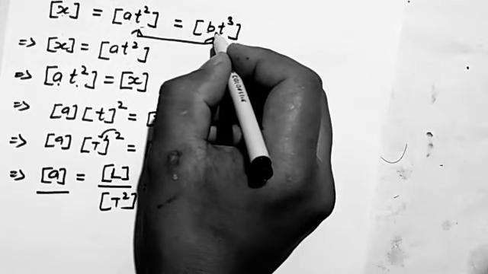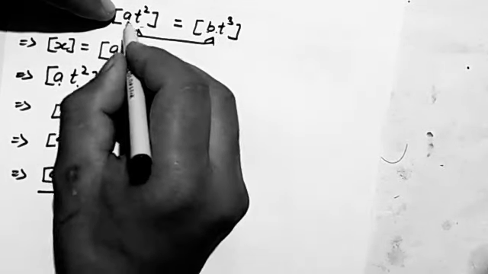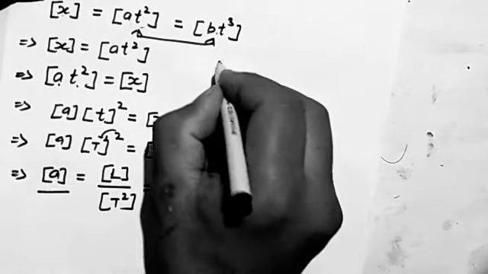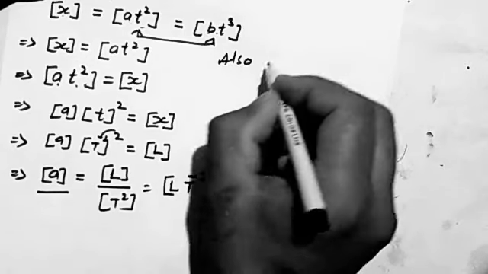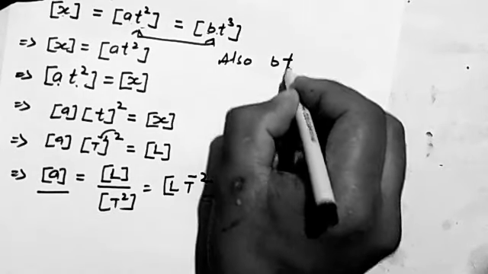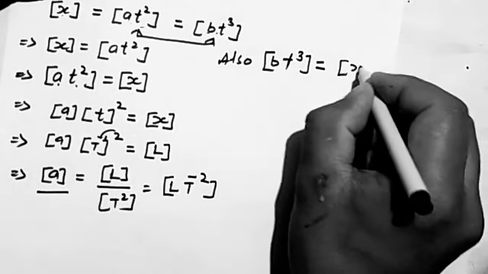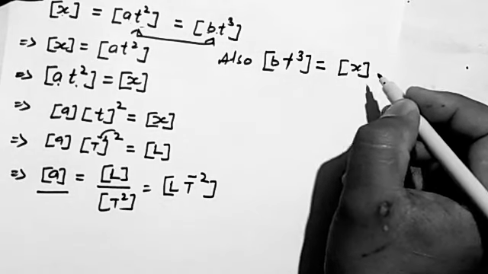Now similarly you can calculate the dimensions of B. Here we have calculated dimensions of A, so by putting the dimensions of A or simply by comparing x with Bt cube, you can write also dimensions of Bt cube is equal to dimensions of x, right?